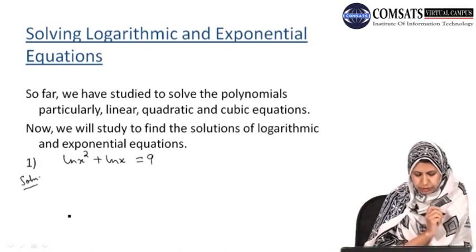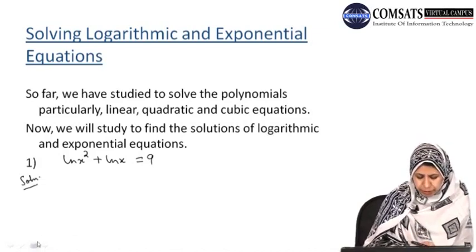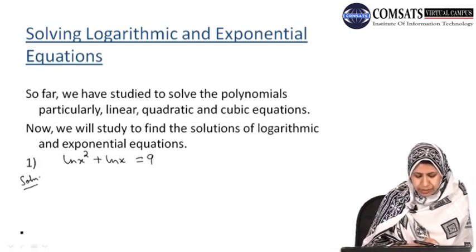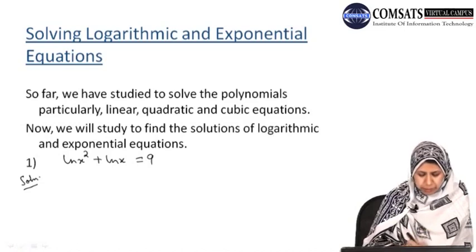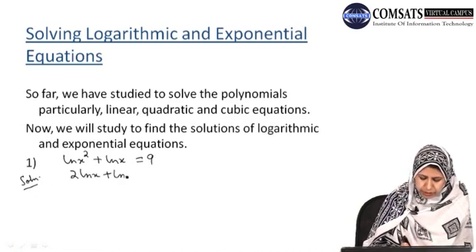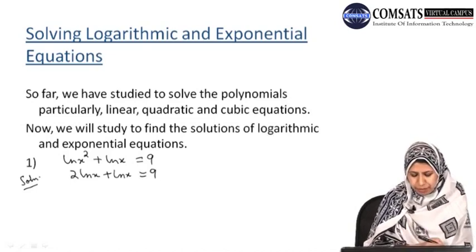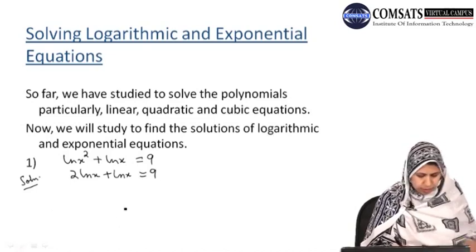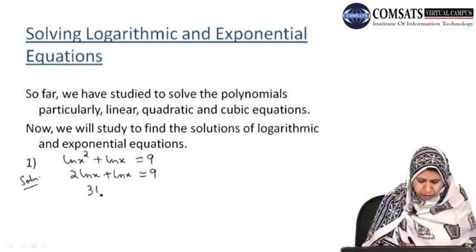First we will use some properties. If we look at our first term, which is log of x square, we can use the property of exponents, that is log of x square will be equal to 2 times log of x, plus the second term as it is, log of x, is equal to 9. We can simplify our left hand side and we obtain 3 log of x is equal to 9.